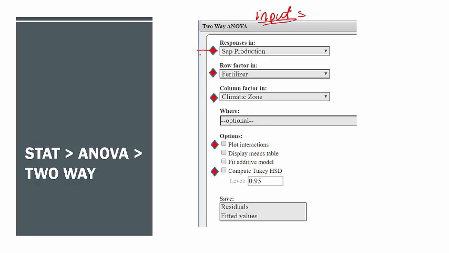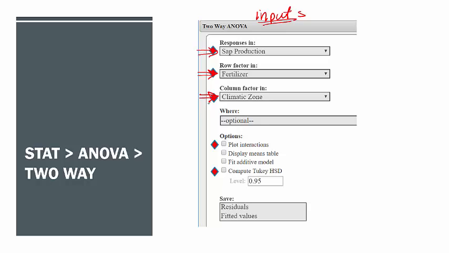You have to tell it where the responses are, so that's the column where the data for the response variable is. Then you have to tell it where the row factor is indicated, in what column of your data set the row factor is located, and then in what StatCrunch column your column factor is located.